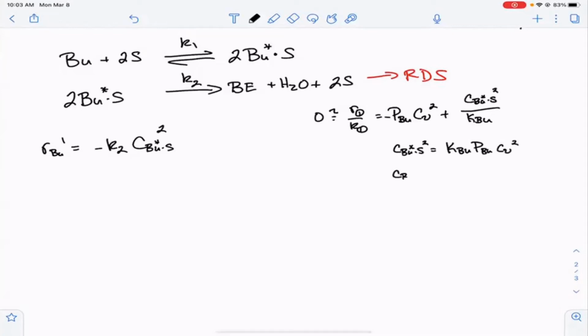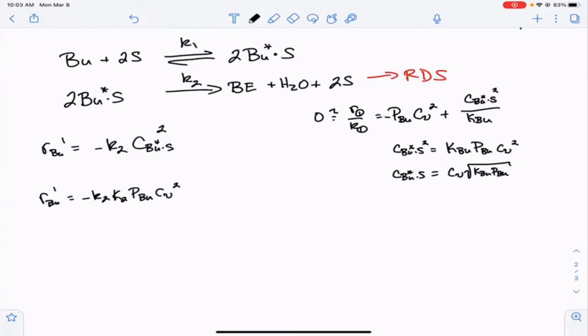And that CBU·S is equal to CV times the square root of KBU times PBU, okay? And if we plug that in here, we get that R_BU prime is equal to minus K2 times CBU·S squared, which was K2 times PBU times CV squared, okay?